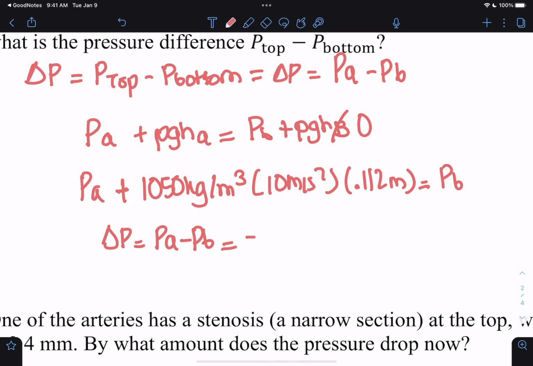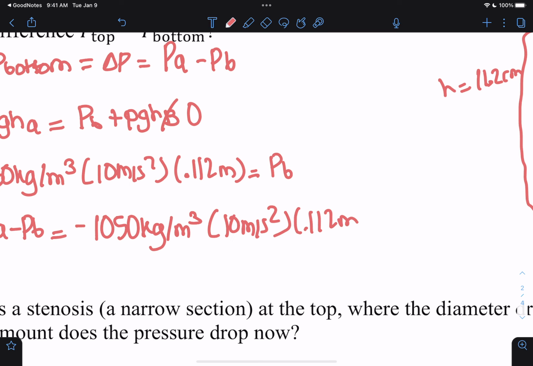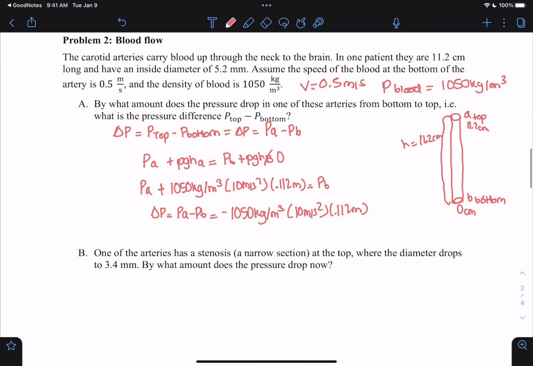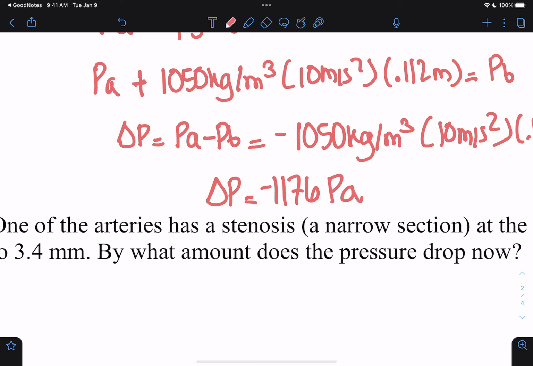So it'll be minus 1,050 kilograms per meter cubed times 10 meters per second squared times 0.112 meters. So then your delta P, once you calculate that out, you should get around negative 1,176 pascals.